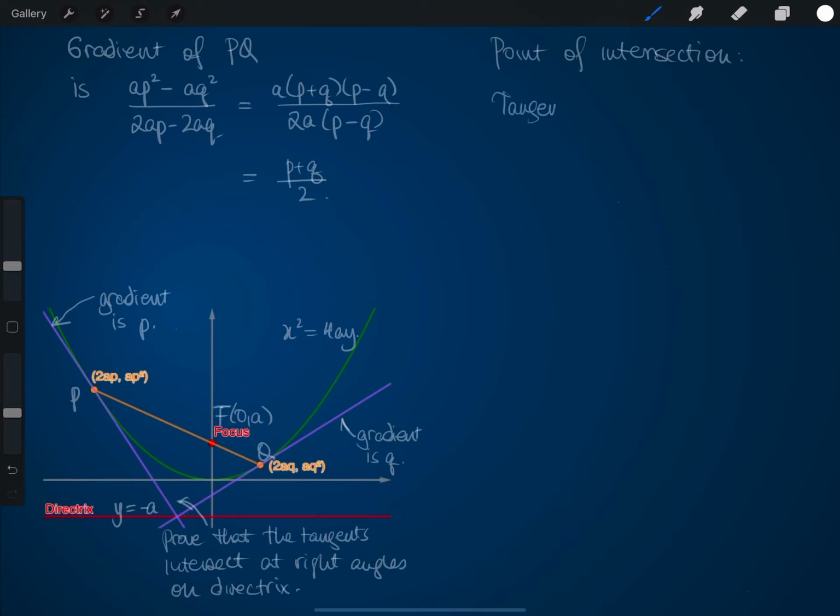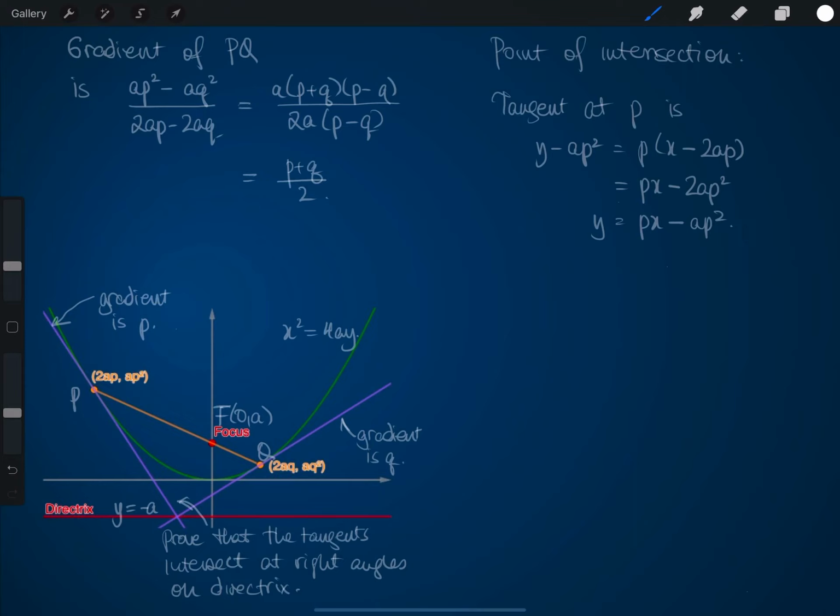So first we'll do the tangent at P, and again we'll put it in our standard form for a line, and this line goes through (2ap, ap squared) and has gradient p. So we'll tidy that up, and that comes out as y equals px minus ap squared.